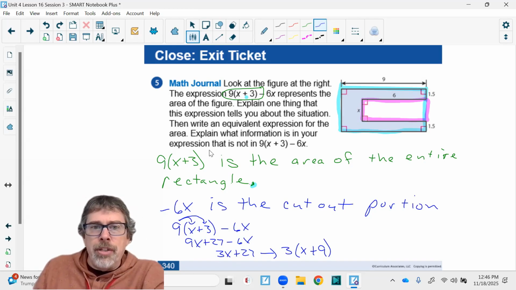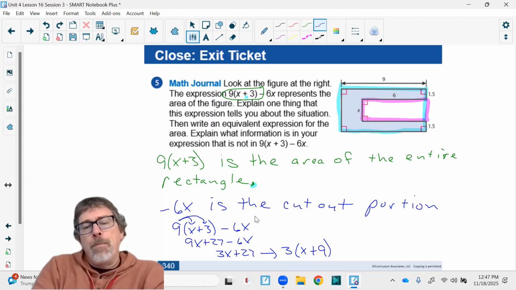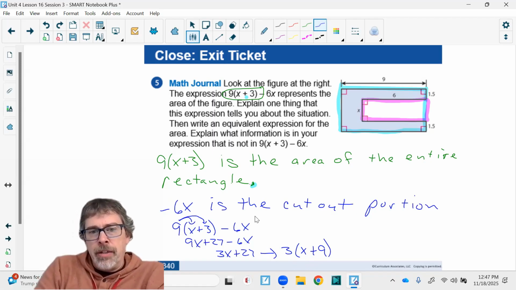Explain what information is in your expression that's not in this one. Well, let's see. What is in mine that is not in theirs?